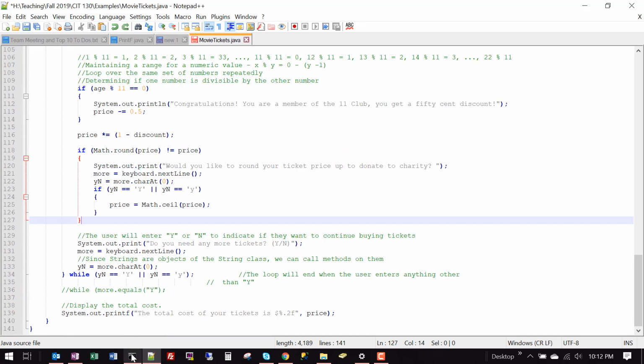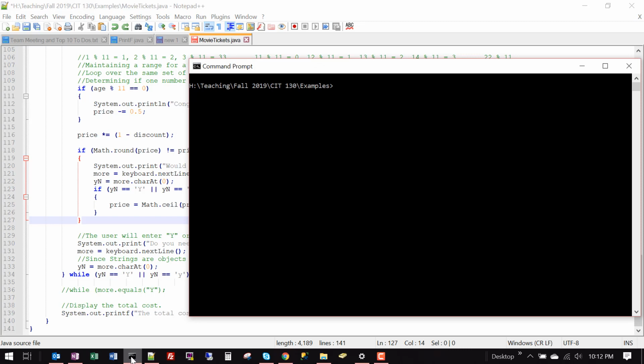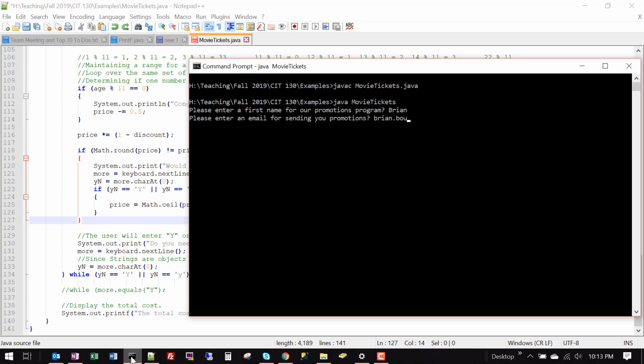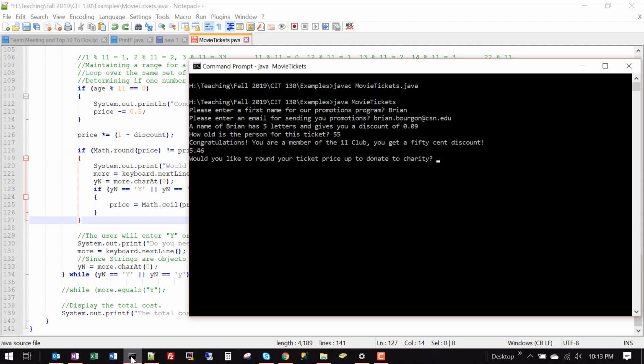So let's go out here one more time and look at how it works. Put in my first name, put in my email address. I get a 9% discount. How old is the person? 55. It says that we have a 50-cent discount.